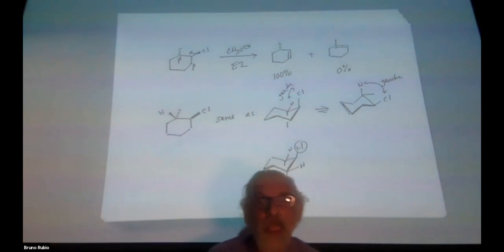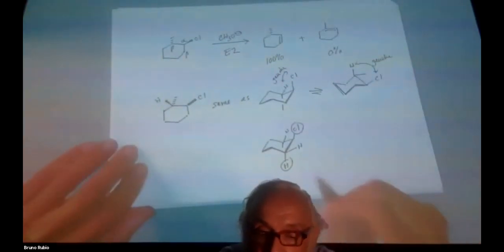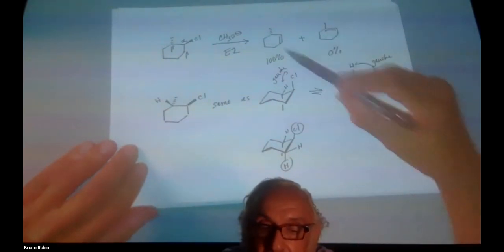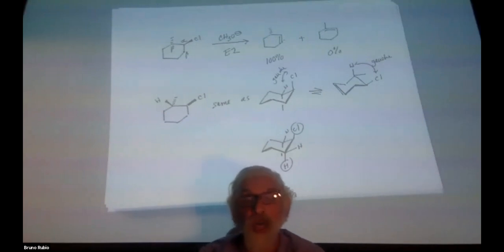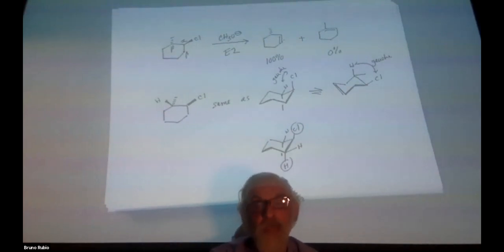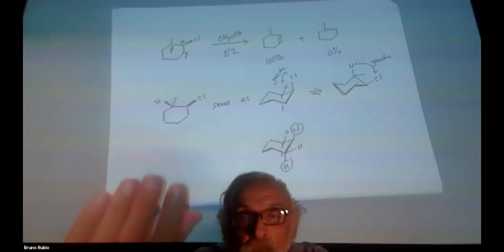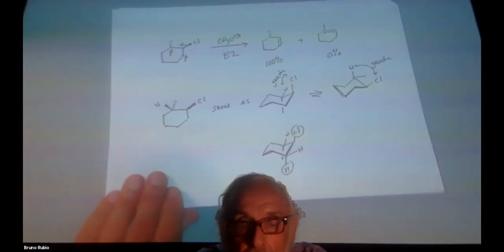They're anti to each other, and they can undergo the elimination, and that's why that double bond is the less substituted double bond, because creation of the more substituted double bond here is impossible because it violates the stereochemical requirement for the E2. Tricky, huh?